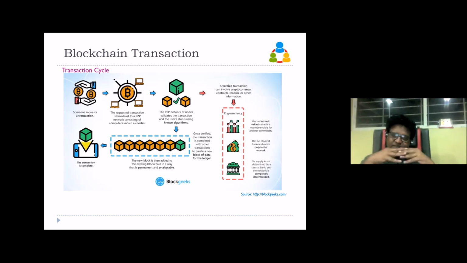I have a query here. From my somewhat general knowledge and what you have said, there is no middleman. Every computer linked is at par and it works in a network, so there is no central agency like a bank. The bank has its own network. Now here, suppose any transaction is initiated by one computer.